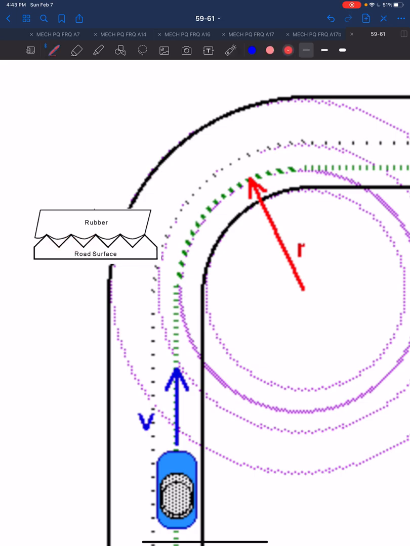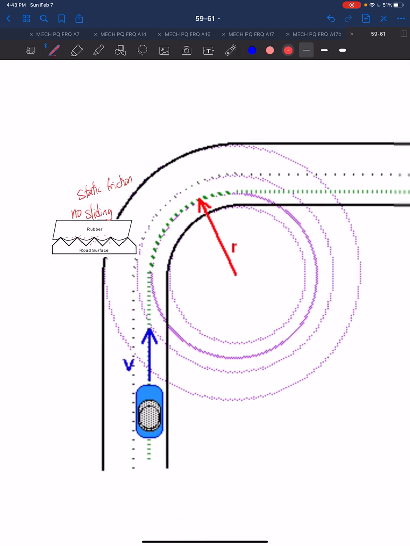The key thing about the friction here is that there is no sliding. And that's what we associate with static friction, stationary friction. The molecules on either side in each material are fixed relative to each other.